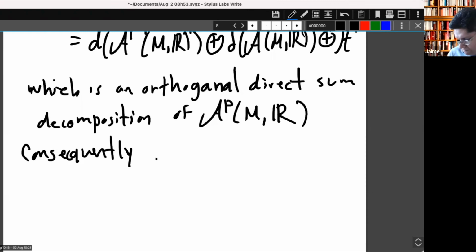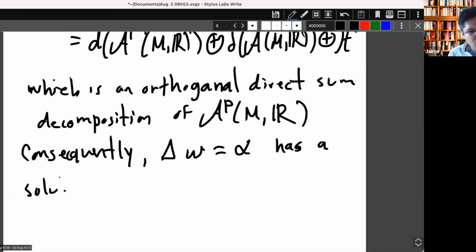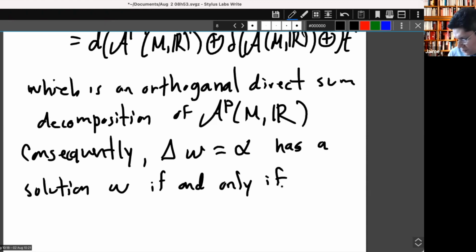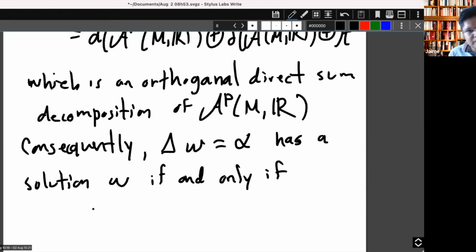Consequently, the Laplacian equation has a solution, I'm going to call it again omega, if and only if alpha is orthogonal.